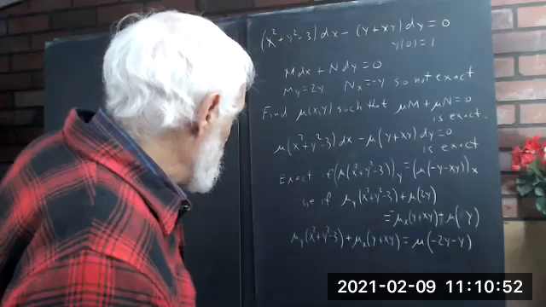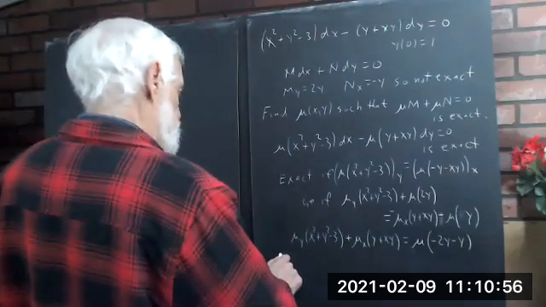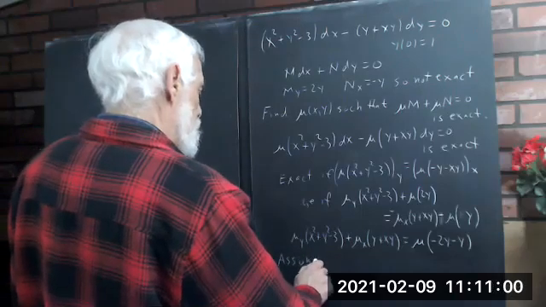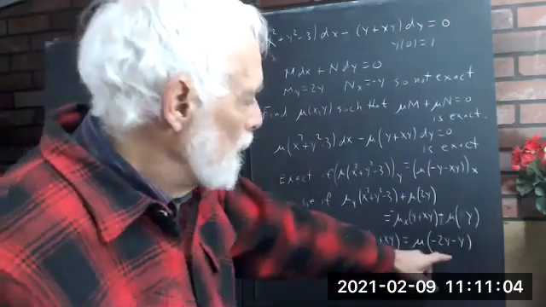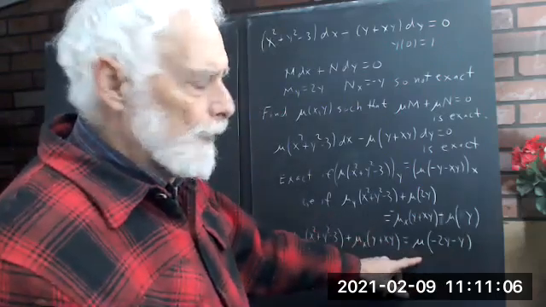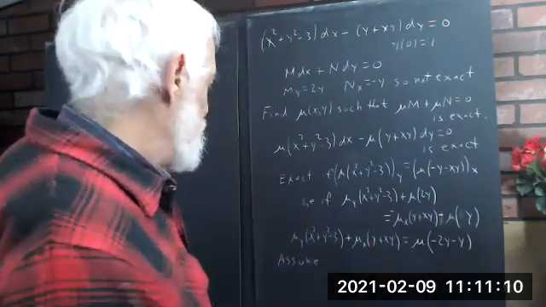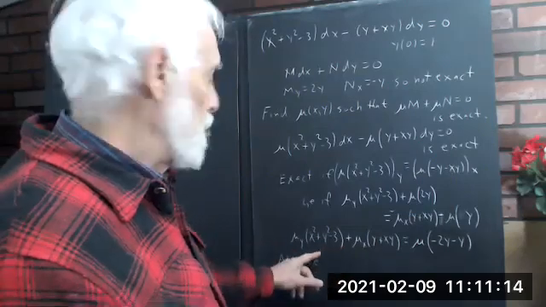So if we assume, okay, well, over here, we get just a function of y. So we could assume that mu is just a function of y.